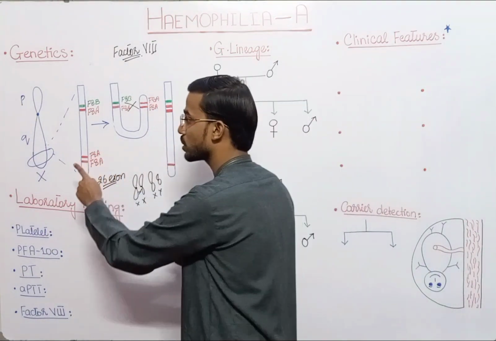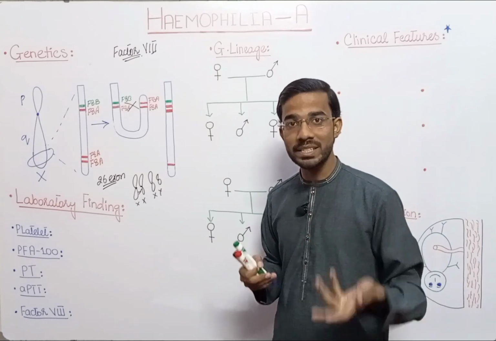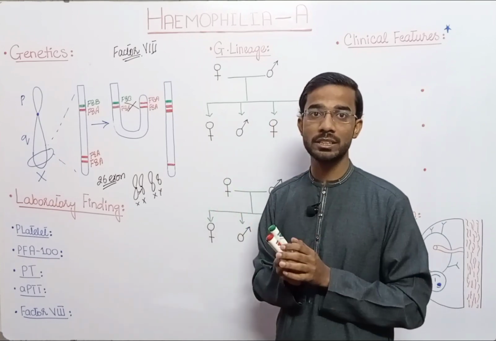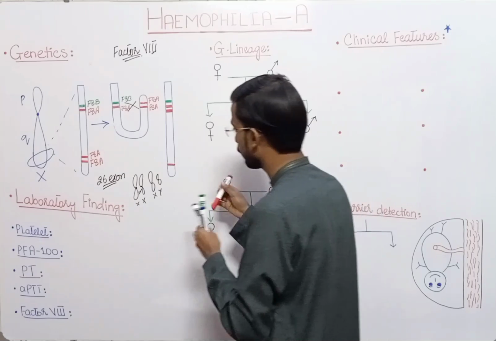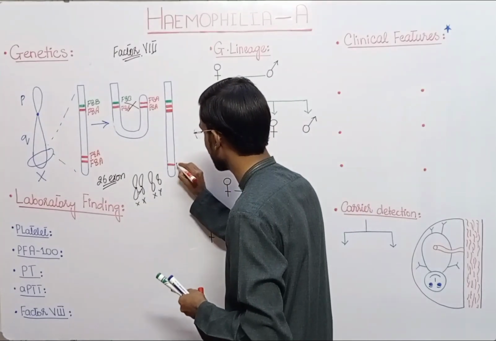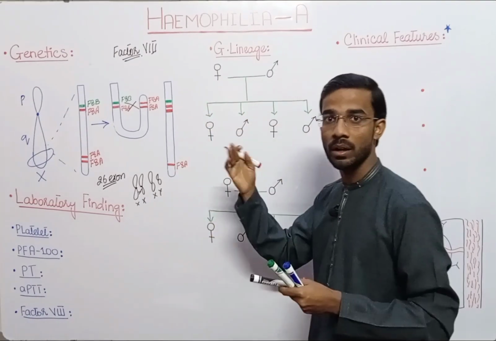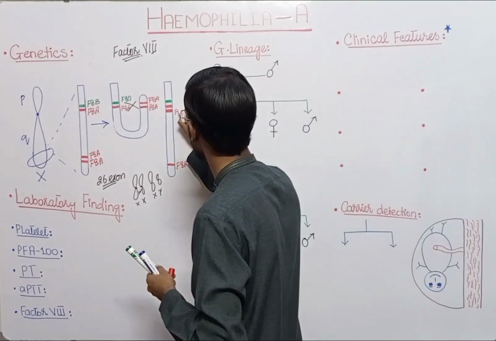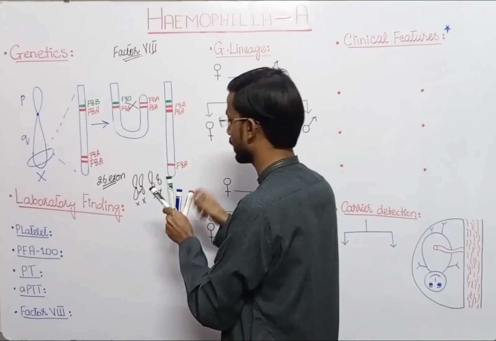But in this situation, only one chromosome turns around itself and exchanges its material. One copy will remain at the telomere side and the other will move upward. So here are F8A, F8A, and here is the F8B.